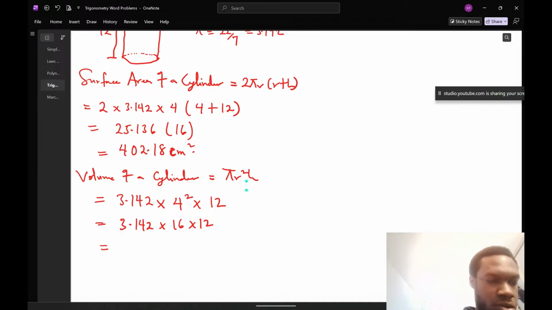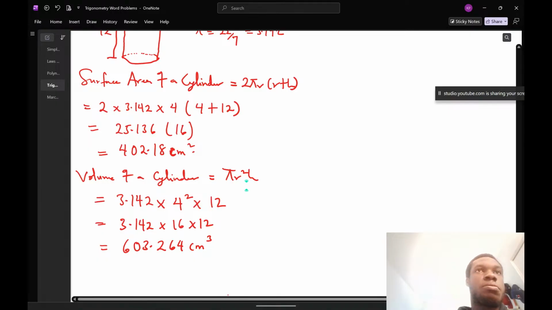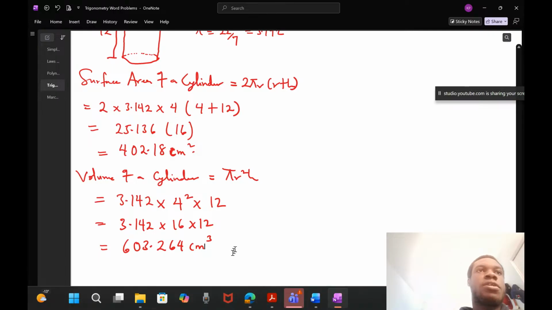So that will be equal to 603.264 centimeters cubed. So that will be the answer for that one.